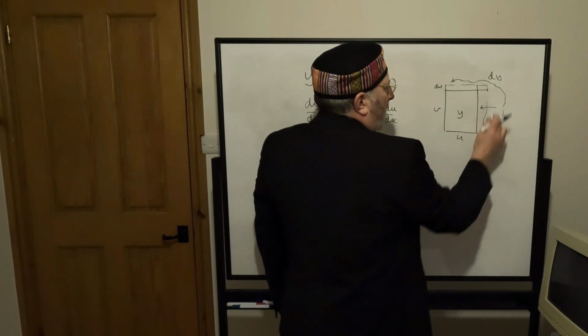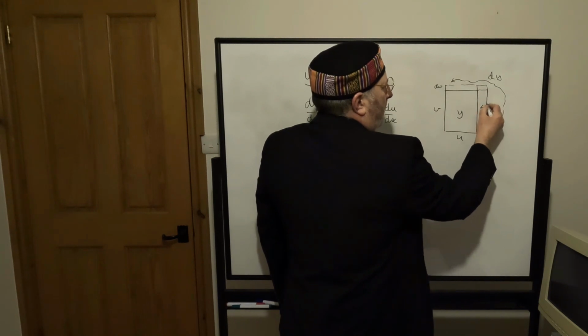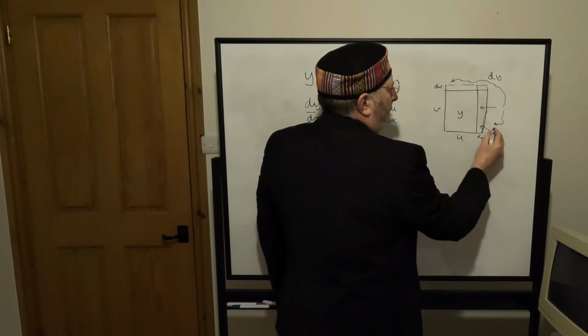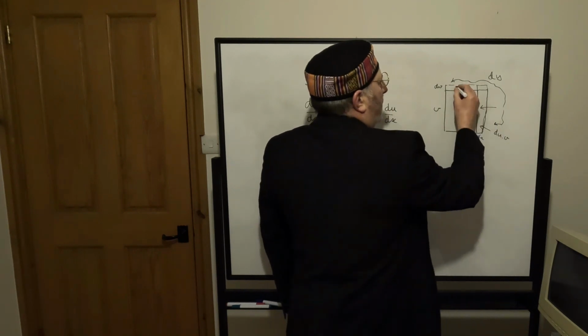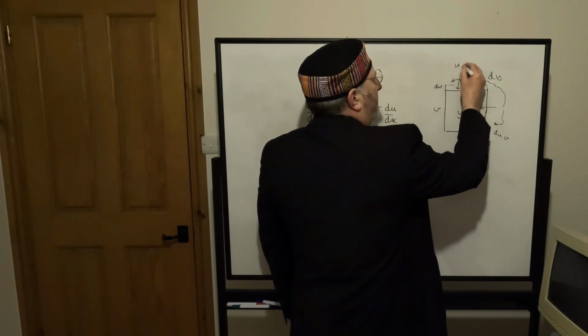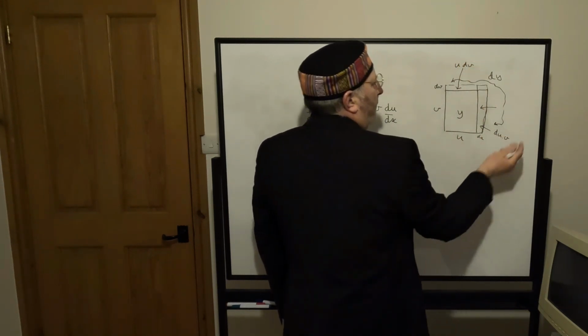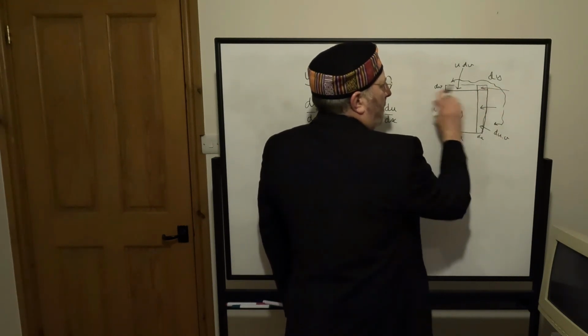So this part is du times v. That's the area of that rectangle, du times v. And the area of this one is u times dv. Yes, it would have been better if I put that the other way around. And then this is du times dv.